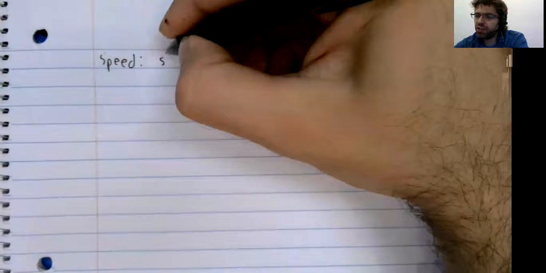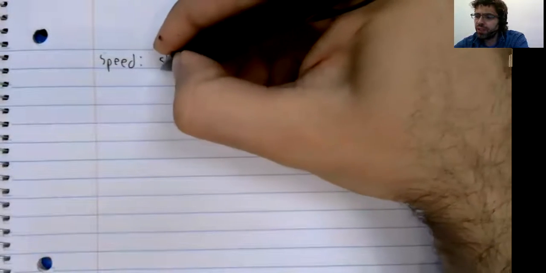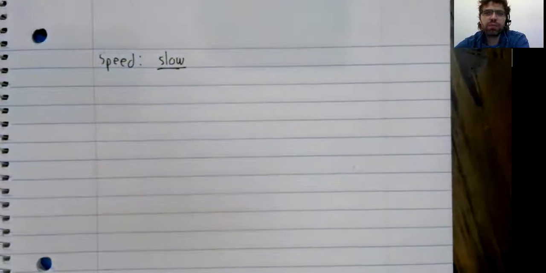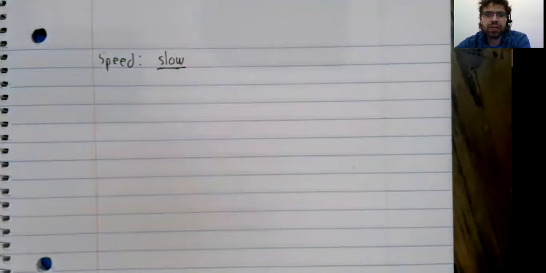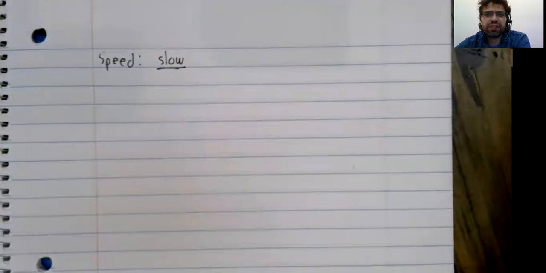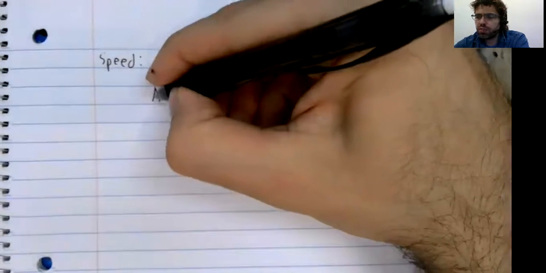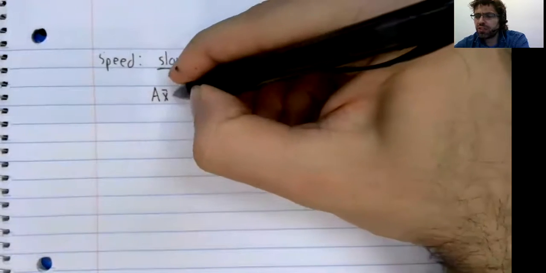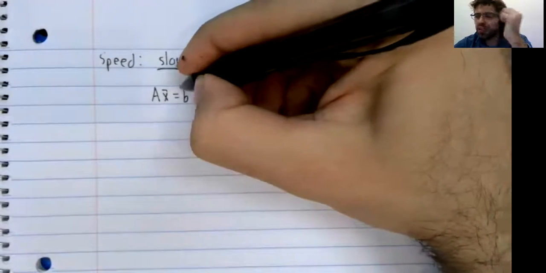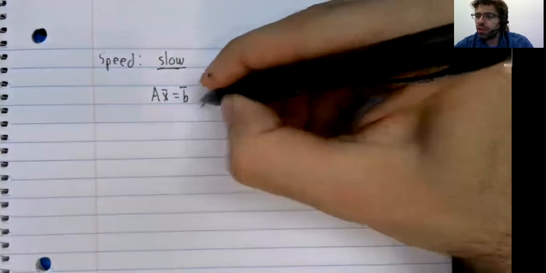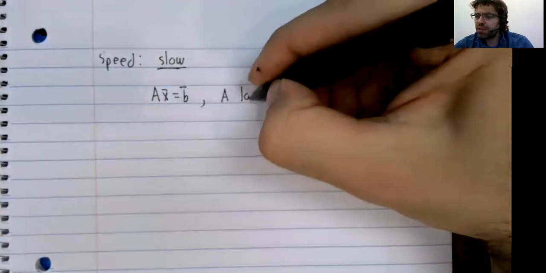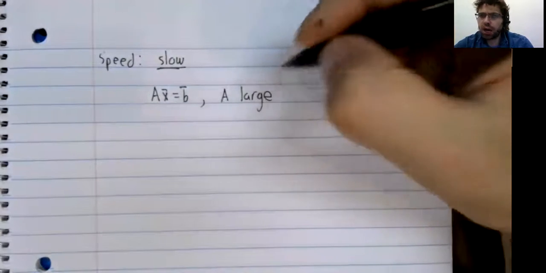Speed. The first thing to realize is that finding inverses is a slow algorithm. From a speed point of view, it's the kind of thing that should be avoided. For example, suppose you have a matrix equation AX equals B, where A is large.